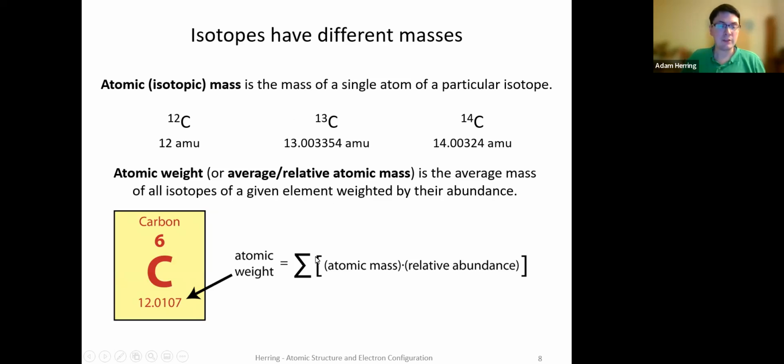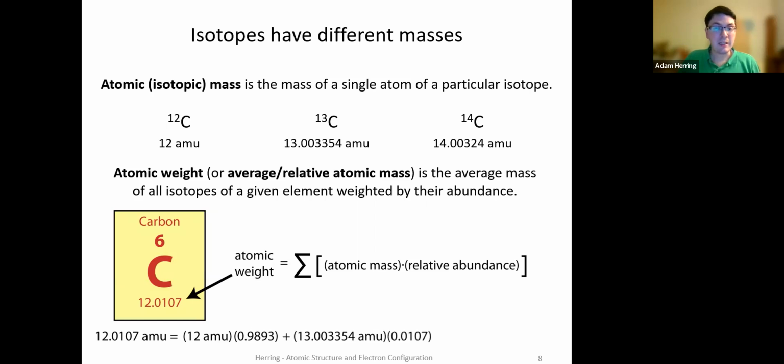And the way that this is calculated is by taking the sums of each of the atomic masses times its relative abundance in nature. So carbon 12, for example, is actually found, if you had a big bucket of carbon atoms, about 98.93% of those would be carbon atoms with 6 neutrons, or carbon 12.